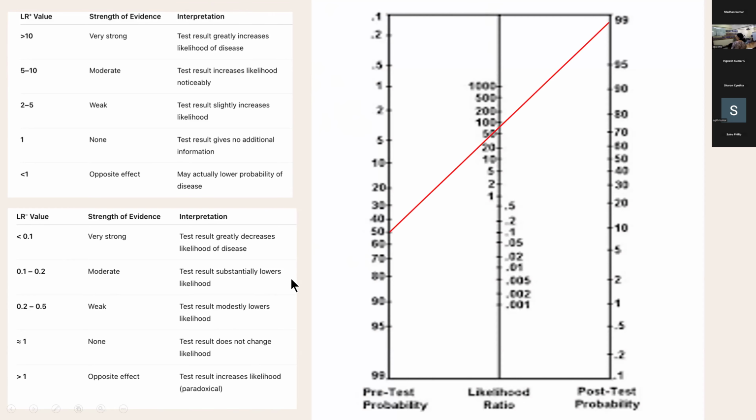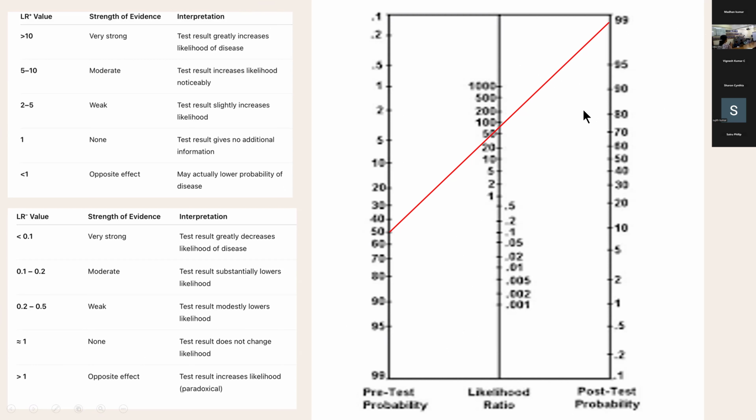So in case 2, if the patient's test comes back as Xpert positive, your pretest probability of 50, drawing a line through a likelihood ratio of 75, goes up to 99. So if this patient's Xpert comes back positive, you're 99% sure this is TB. Now for case 3, we said we weren't sure.